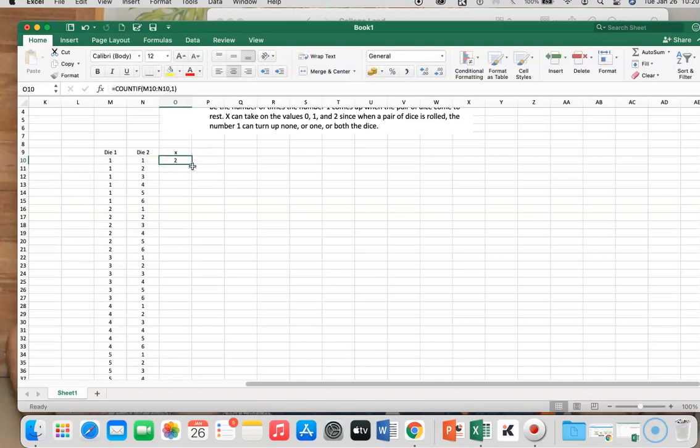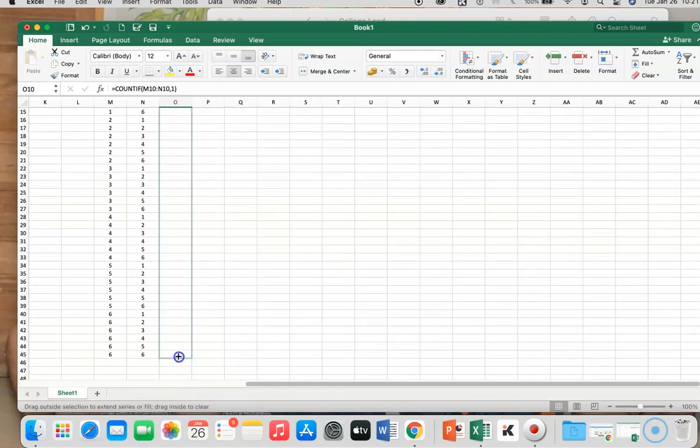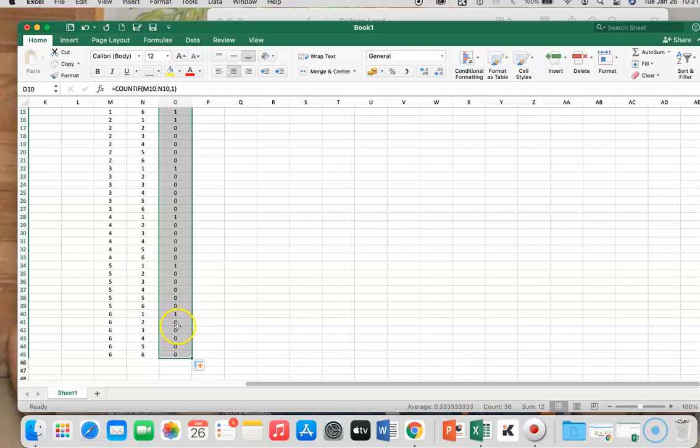Then let's drag down to copy the formula all the way to the last row. In the values of x where it appeared to be 0, it obviously means that in those outcomes 1 did not occur or did not turn up.